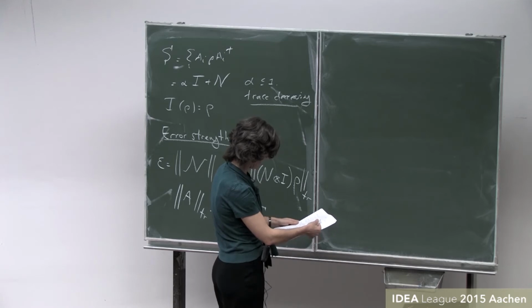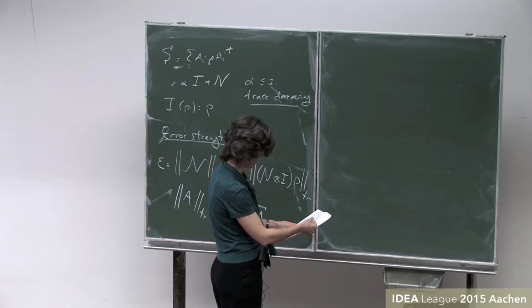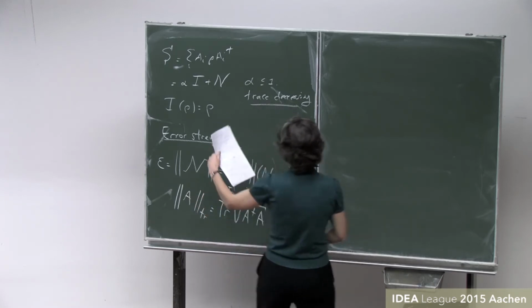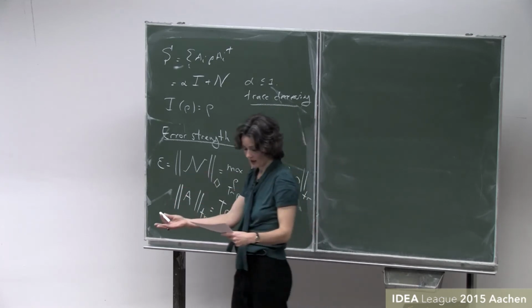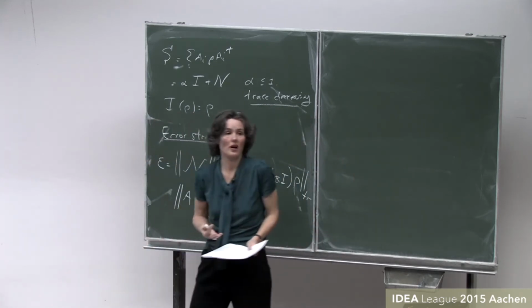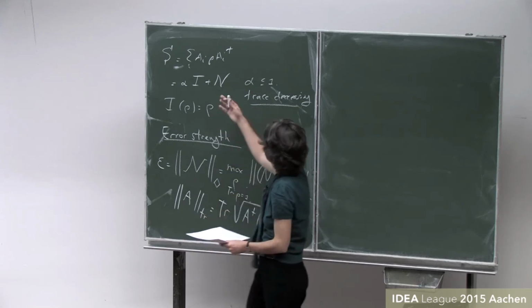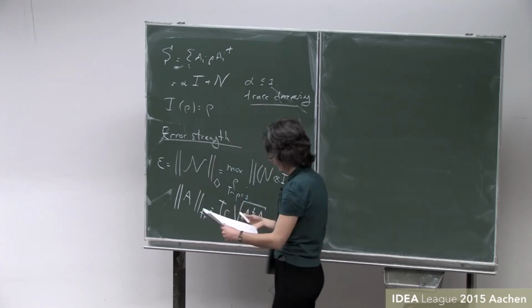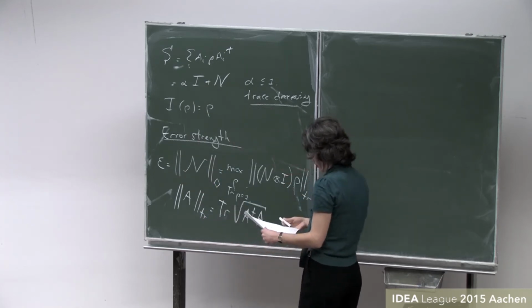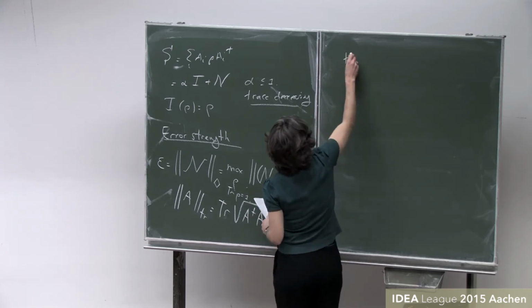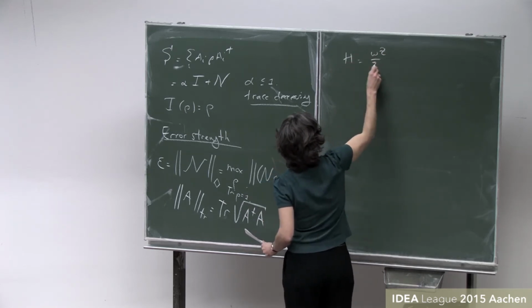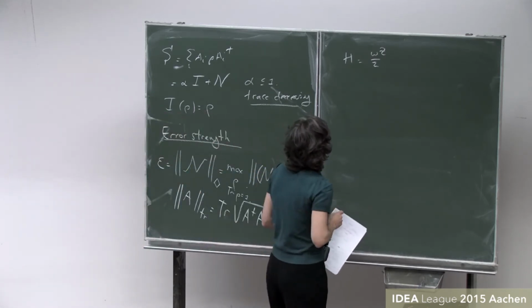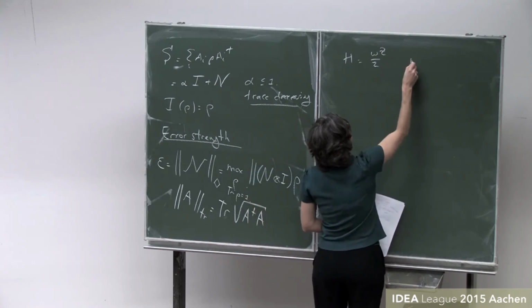Let me skip the 1 over f noise, because I can't say that much about how one handles the long-time correlations. That would require a description in terms of a super operator for a long time, if you want to really take into account the noise correlations. So let's imagine I have my Hamiltonian, h bar omega 0, and this parameter is drifting.